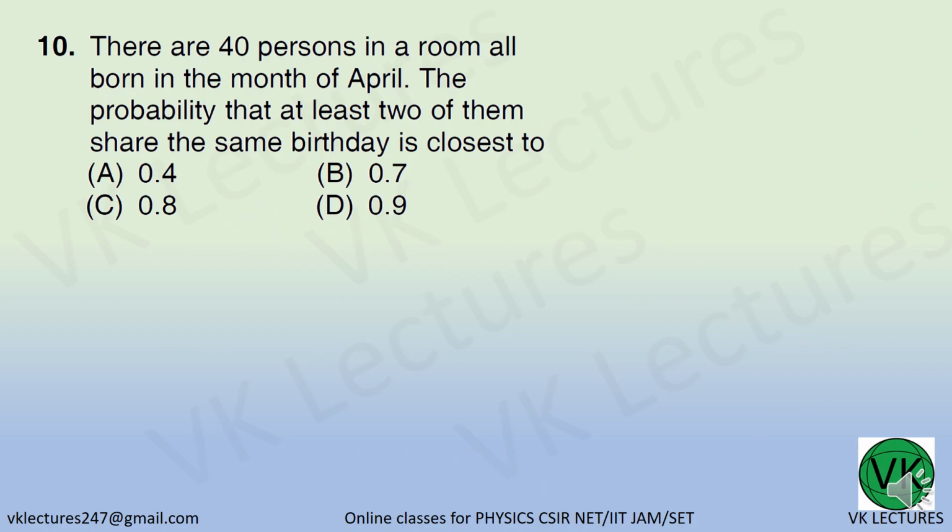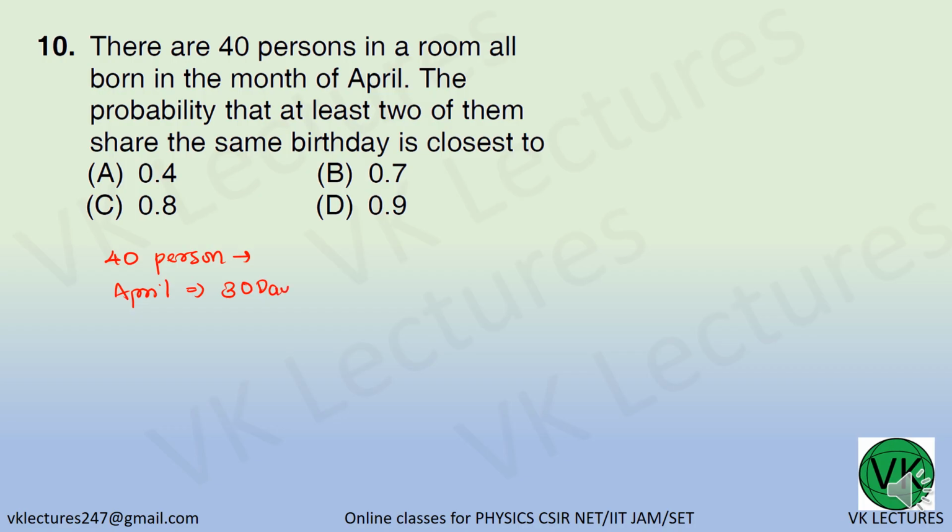There are 40 persons in a row, all born in the month of April. The probability that at least 2 of them share the same birthday is closest to? Now we have 40 persons, and in the month of April we have 30 days.